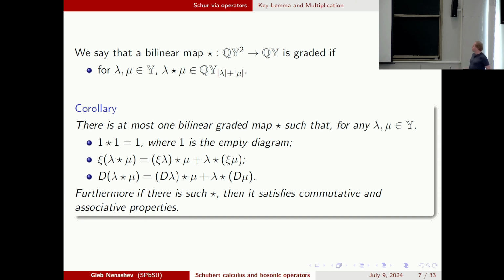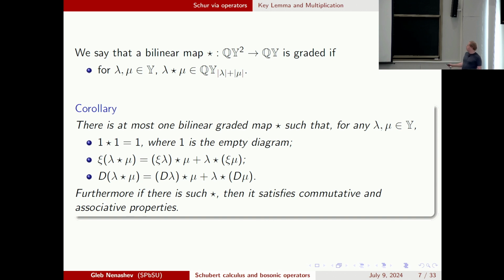pseudo multiplication. So what is multiplication? A multiplicative map. We need that it's bilinear and graded. By graded, we mean that if we consider the product of diagrams with 5 and 4 boxes, in the product we will have only diagrams with 9 boxes.